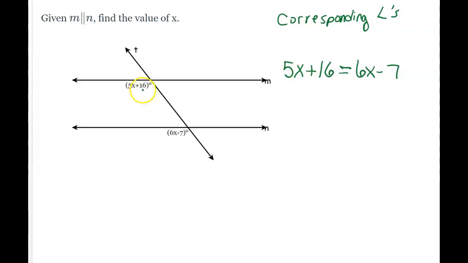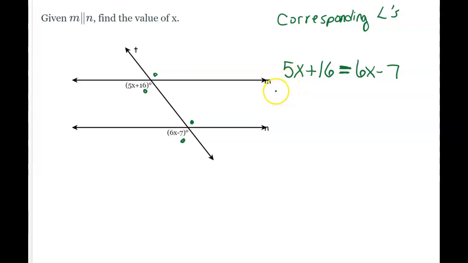We said this one's the same as the vertical angle. This one's also the same as the alternate interior, which is the same as the vertical angle. That's how I know these are going to have the same measure. So if they have the same measure, we set the two angles equal to each other. Then we solve for x.